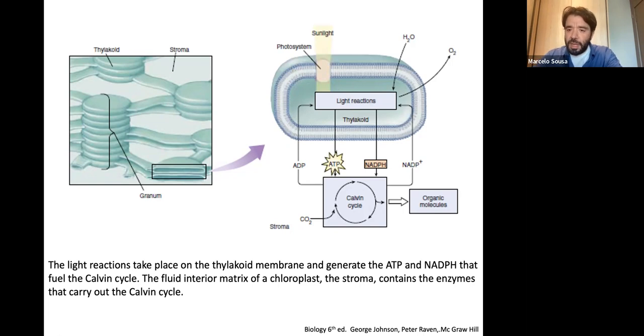So the place where it happens is in the thylakoid, in the membrane of the thylakoid. That is the place where the Calvin cycle happens, using water, carbon dioxide, and light, and consuming ATP to create those organic molecules.